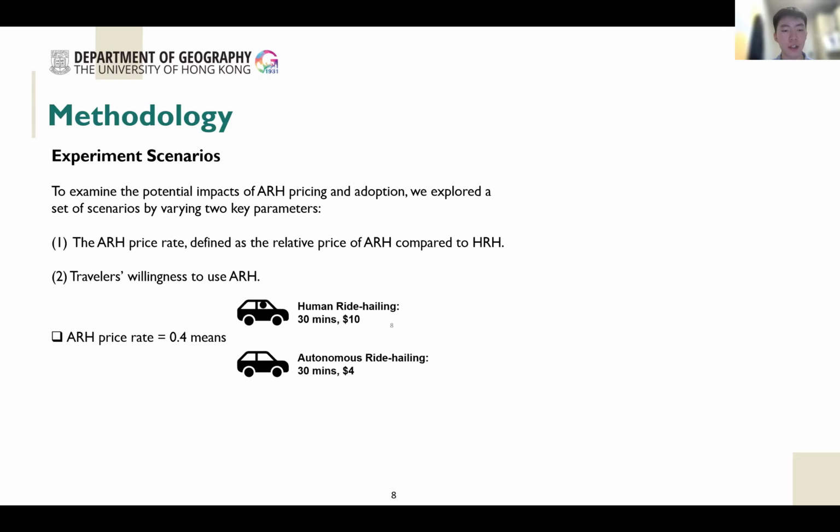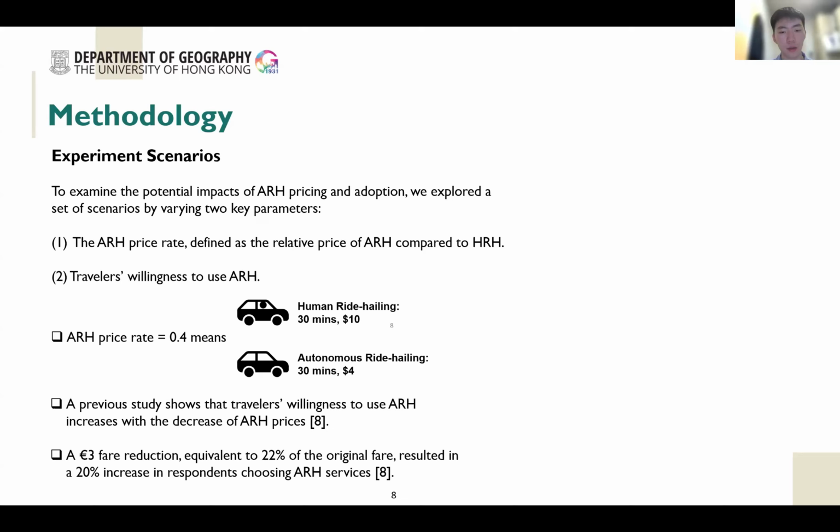And a previous study shows that the traveler's willingness to use this mode increases with the decrease of the ARH prices. In their survey of around 3,000 respondents, a €3 fare reduction, which is equivalent to 22% of the original human ride-hailing fares, can result in a 20% increase in the respondents choosing the ARH services.